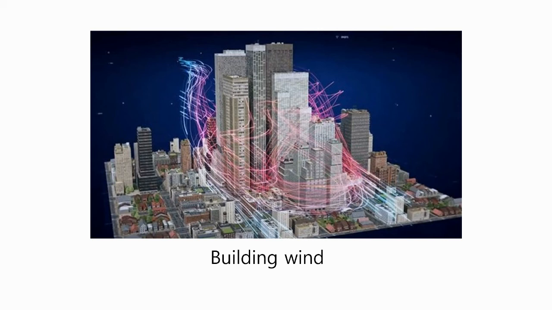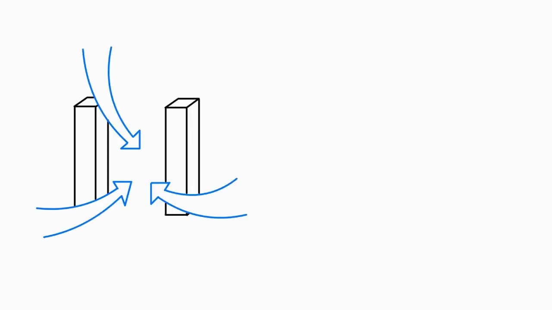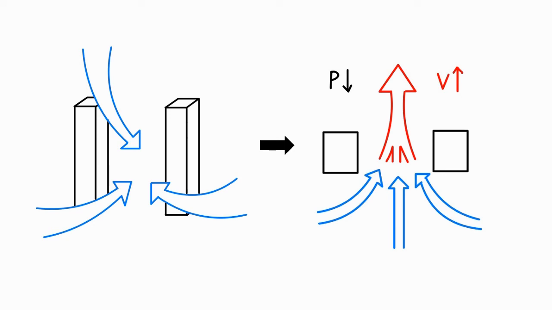The building wind phenomenon is a phenomenon in which when the wind blows between skyscrapers, the wind suddenly passes through a narrow passage and the pressure is momentarily lower and the speed is increased, and the wind rotates at the back of the building.